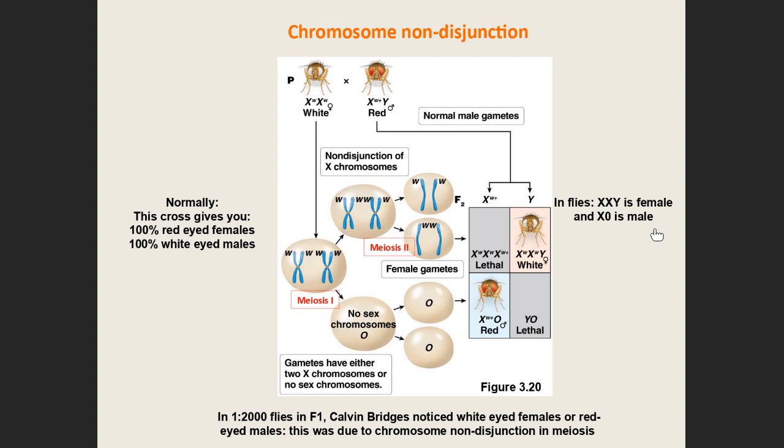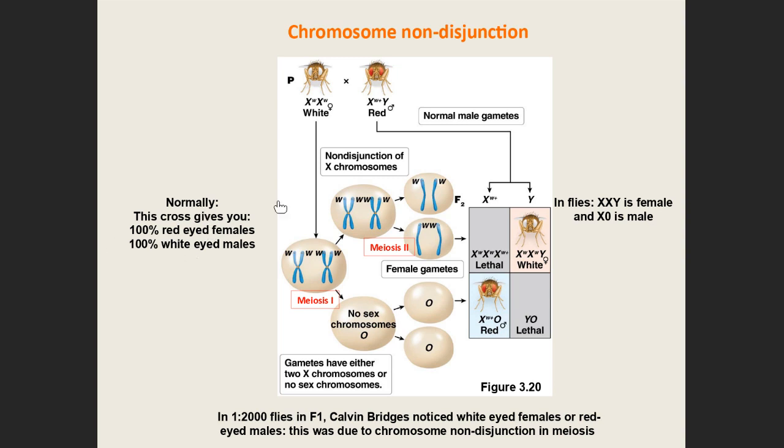Also different for us humans. X0 is actually female in humans. So I don't want you to be confused. In case you knew that, make sure you remember in flies it's different. Otherwise, you're not going to understand this. So once again, in flies, XXY is female and X0 is male.